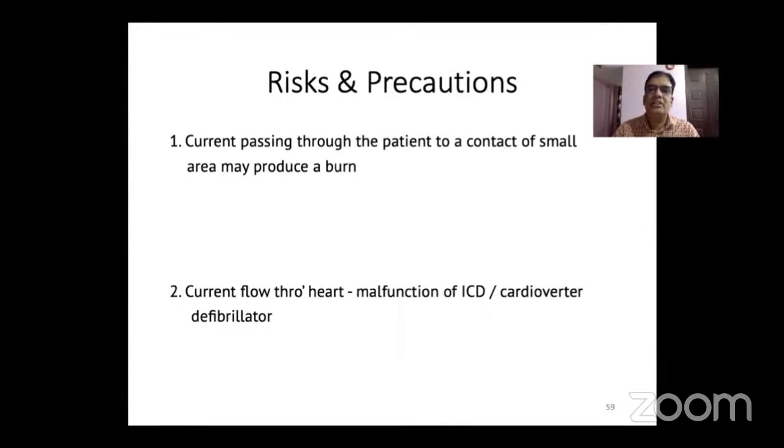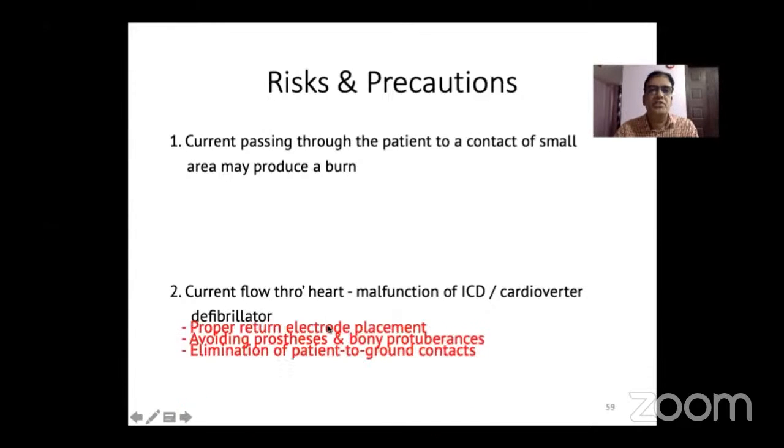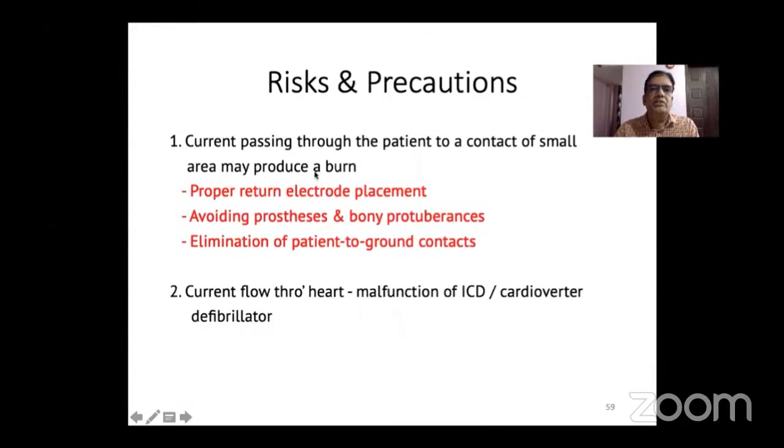Current passing to the patient through a contact of small area may produce a burn, and current flowing through the heart, through a malfunction of an ICD or cardioverter defibrillator, can precipitate problems. To avoid the burn, we should allow for proper return electrode placement, avoid scars and bony protuberances when we keep the pad, and see that there is elimination of patient to ground contacts.